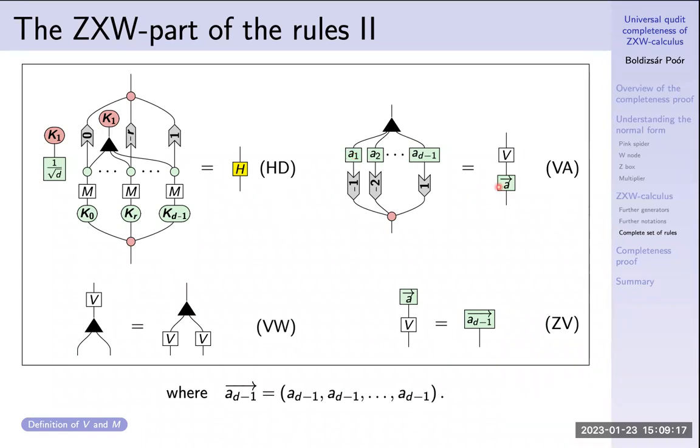Then we can merge these Z boxes into one, and the V box will move up. The V box also can commute through a W node. And lastly, if we put a Z box state on top of a V box, then this V box is going to select the last element of the phase and make it repeat.